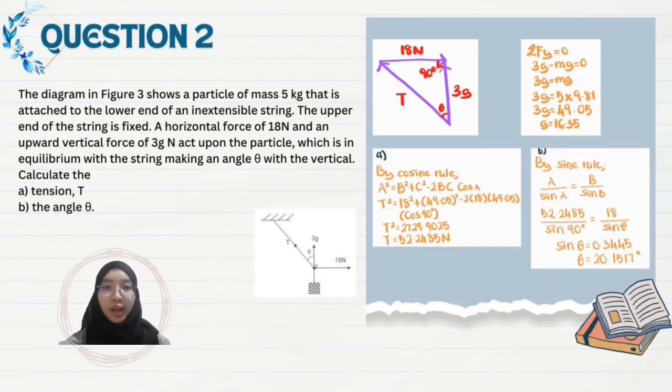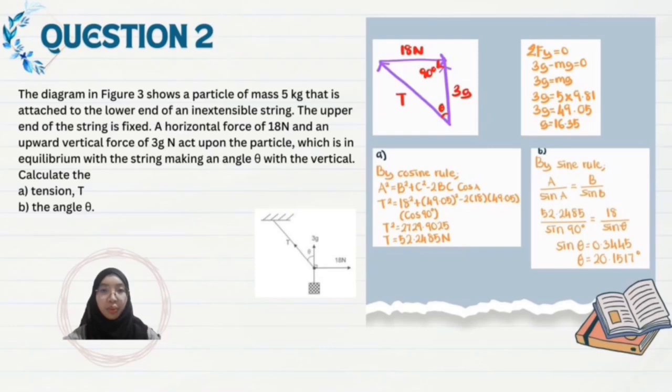Sum of Fy equal to 0. 3g minus mg equal to 0. 3g equal to mg. 3g equal to 5 times 9.81. 3g equal to 49.05. Therefore, g equal to 16.35. For question A, calculate the tension.